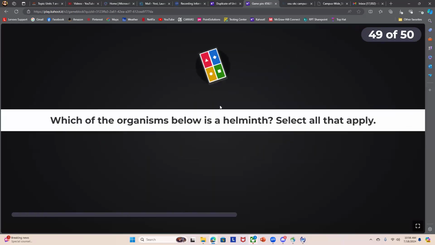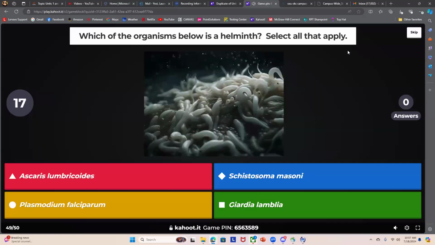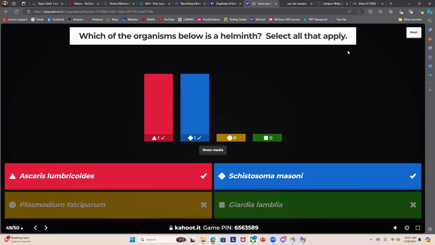Which of the organisms below is a helminth? Gross. All right, great job. This is going to be Ascaris lumbricoides and Schistosoma mansoni.